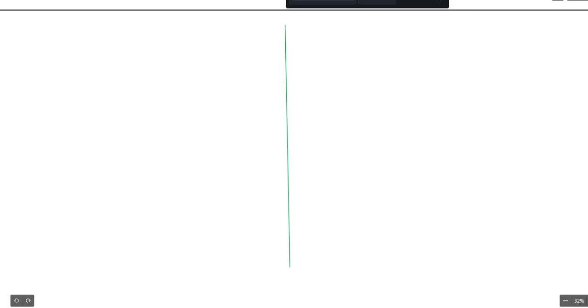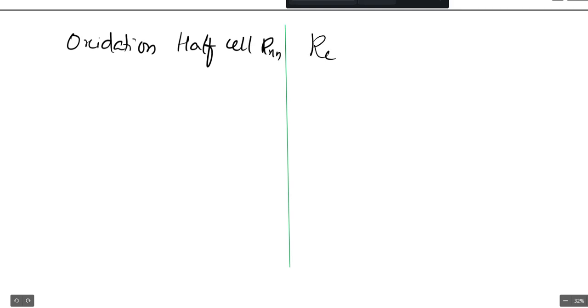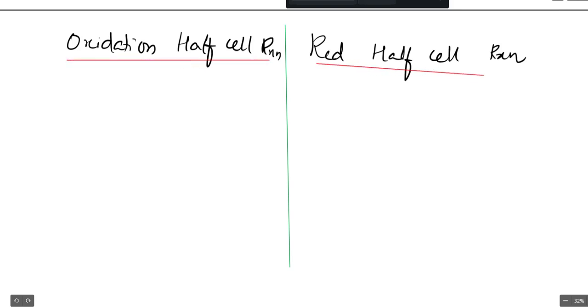Okay, done. So first of all, we will write oxidation half cell reaction. On this side we will write reduction half cell reaction. This is fine, students. Let us underline both. If you underline, it looks neat.